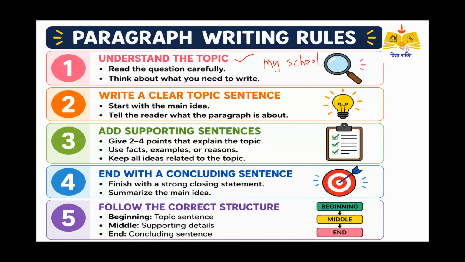Okay? Then you should make a clear topic sentence. This is very, very important. Topic sentence అంటే ఏంటి అంటే how do you start? For example, you should write: My school, my happy place.